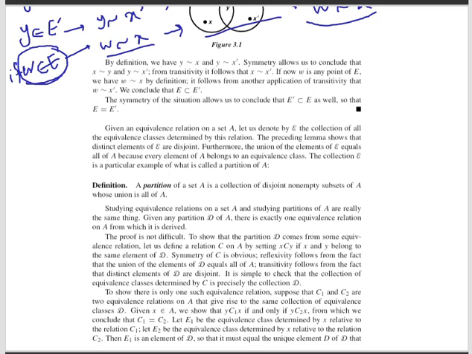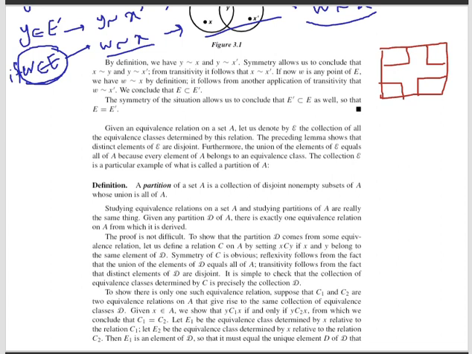If you have a home, you have a restroom, a room for children, a room for yourself, a room for cooking. This is a partition of a home.